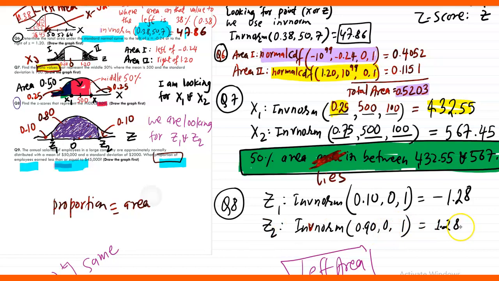Therefore, z1 is 1.28 negative, and z2 is 1.28 positive. And that's what the question is asking for: find two z scores that represent the middle 80%.